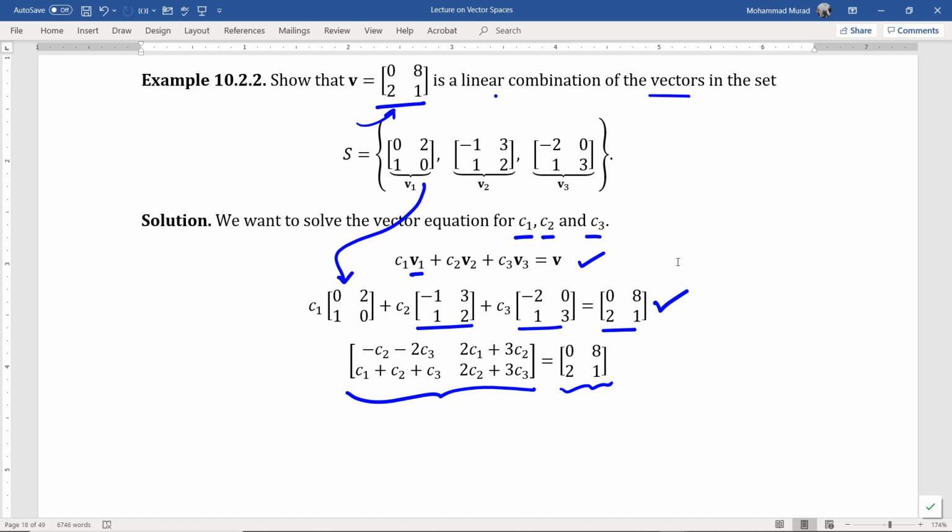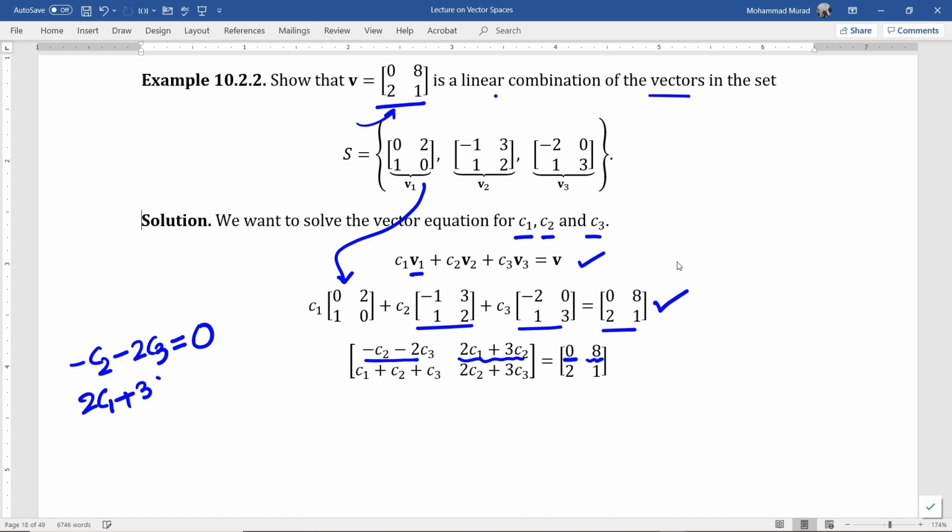And we know that two matrices are equal if and only if the corresponding elements are equal. For example, negative C sub 2 minus 2 C sub 3 equals 0, and 2 C sub 1 plus 3 C sub 2 is equal to 8, and C sub 1 plus C sub 2 plus C sub 3 is equal to 2.